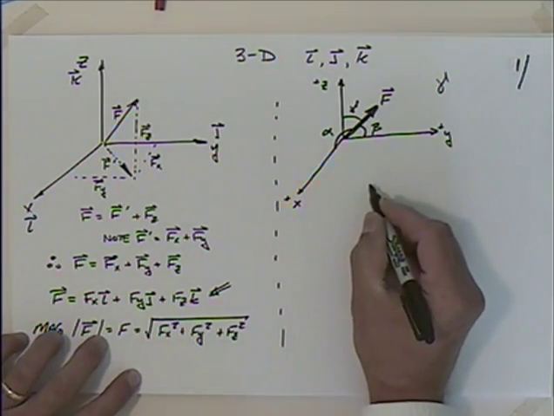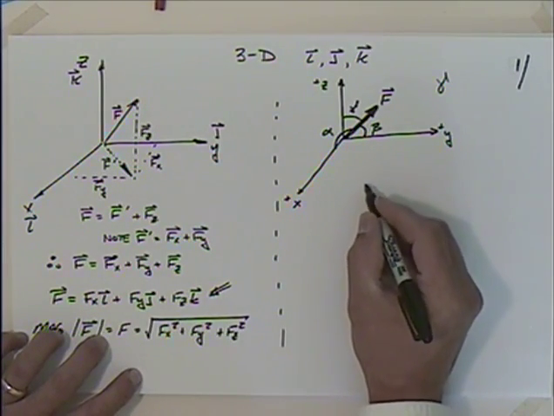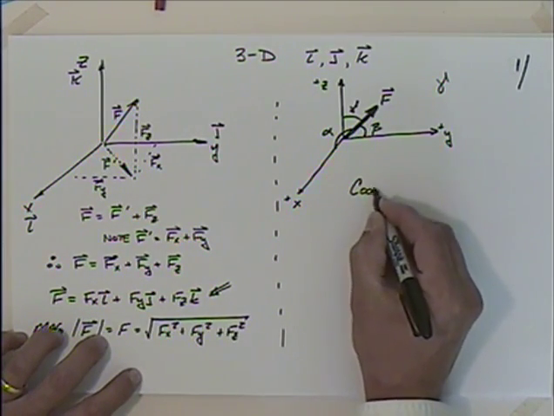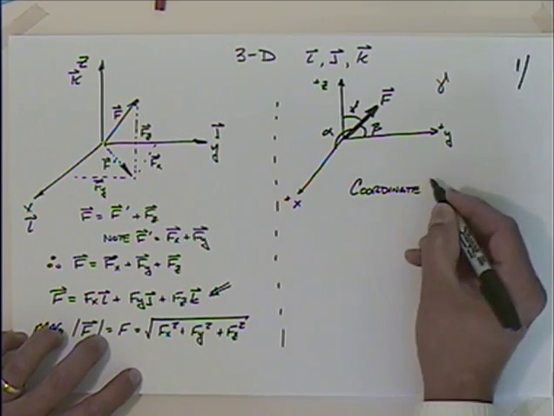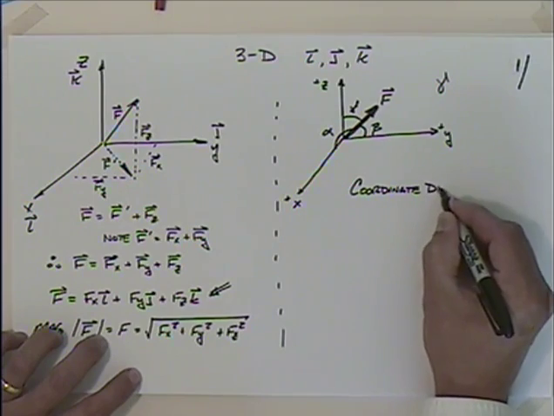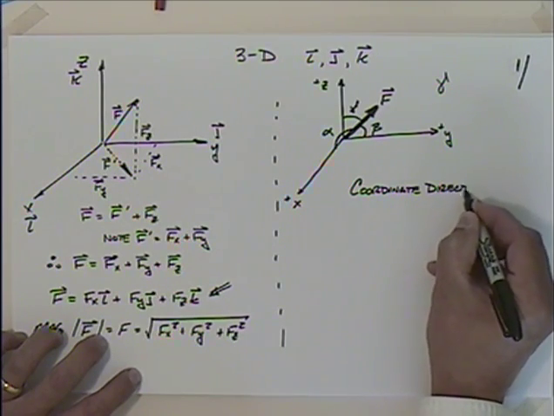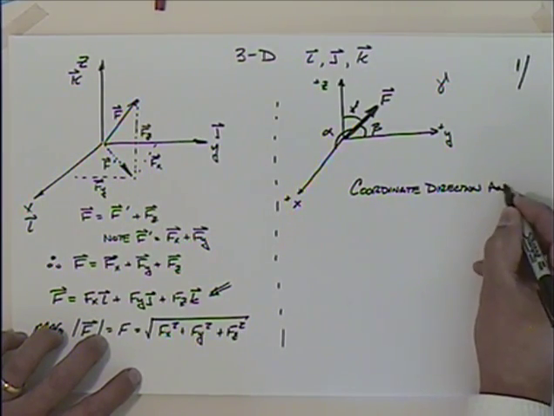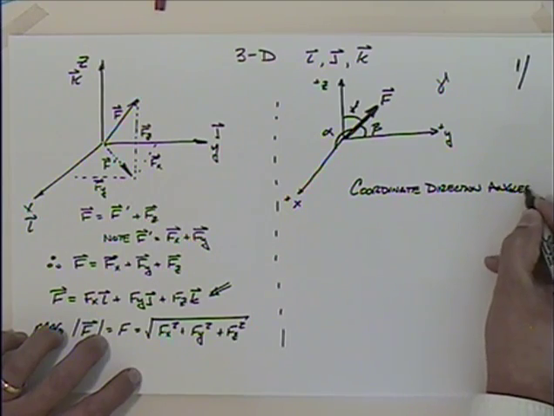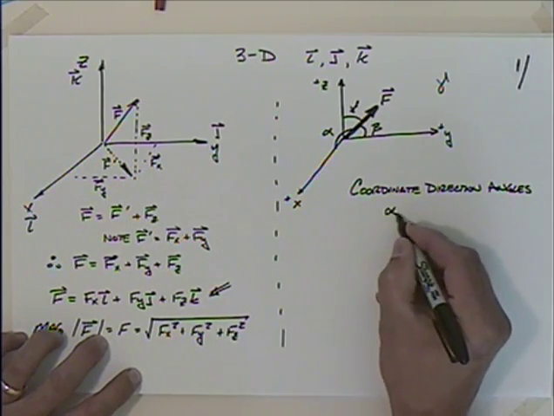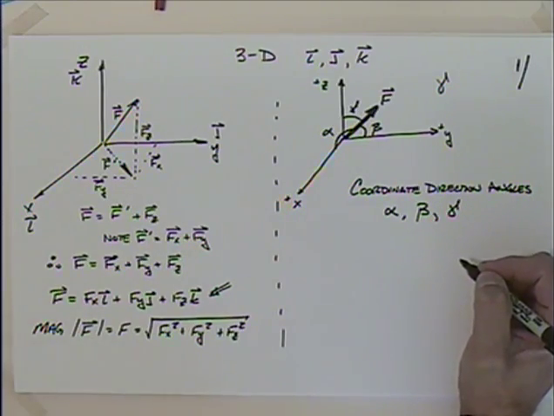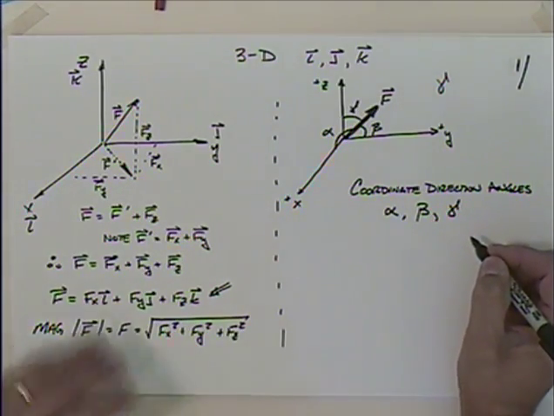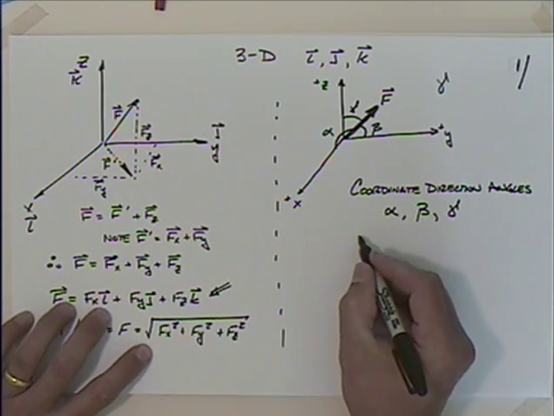So if we define these then, we're going to call them the coordinate direction angles. The coordinate direction angles, alpha, beta, and gamma, are the angles between the tail of the vector and the positive axes.